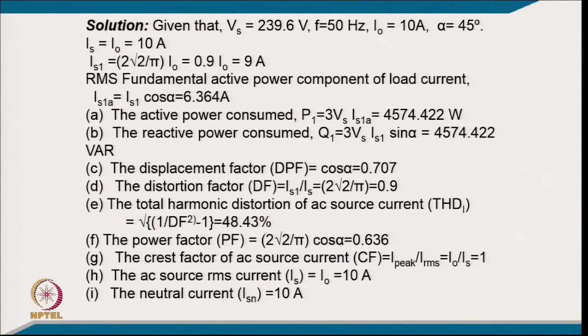Fundamental will be 2 root 2 upon pi into I0, that is 9.0 ampere, and the RMS active power component will be IS1 cos alpha, that is 6.364, and active power consumed will be 3 Vs IS1, so it comes 4574.422, and reactive power consumed will be 3 Vs IS1 sin alpha, that is 4574.42, and displacement factor will be cos alpha, 0.707, and distortion factor will be 2 root 2 upon pi, that is 0.9, and total harmonic distortion will be, like a square wave, 48%, and power factor will be this into cos alpha, 0.636, and crest factor will be peak upon RMS, 1, and the AC source current will be 10 ampere, and neutral current is also a square wave, but 3 times the frequency, again 10 ampere.